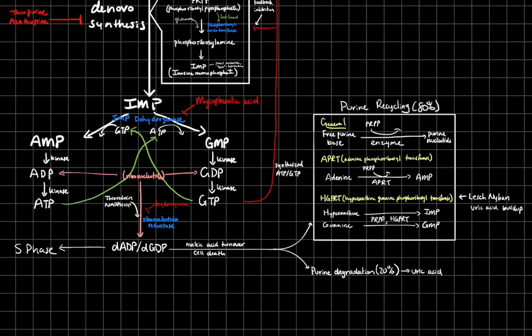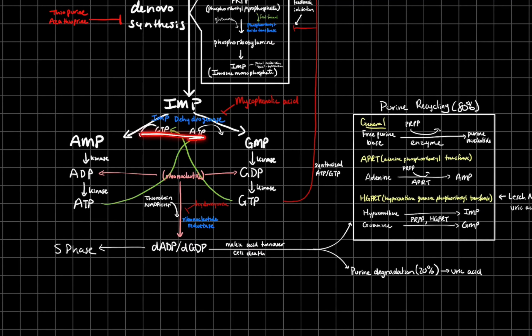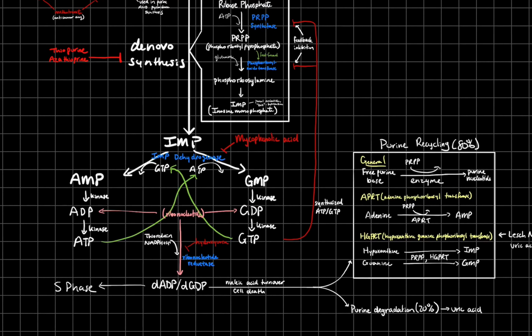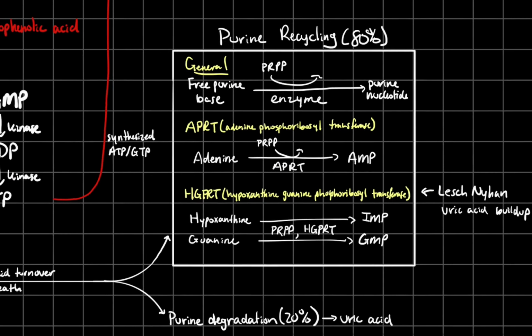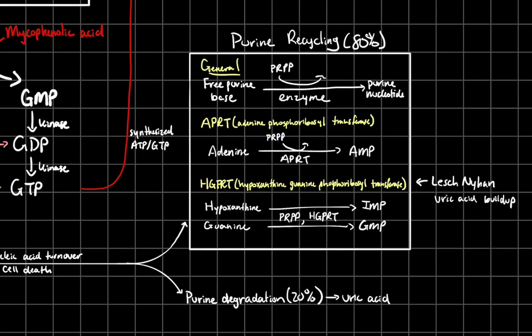Remember in this pathway, we've used a lot of kinases to transfer phosphate groups from ATP and GTP. We've used ATP many different times in this pathway to help synthesize these purines. So it's very energy expensive, right? We want to keep those around if we've already synthesized them.